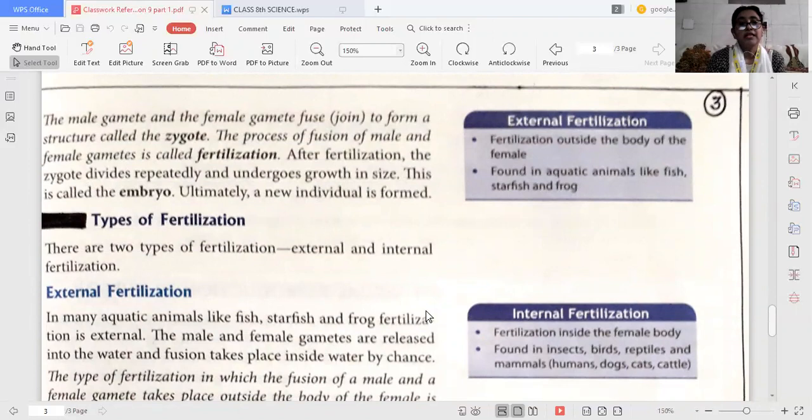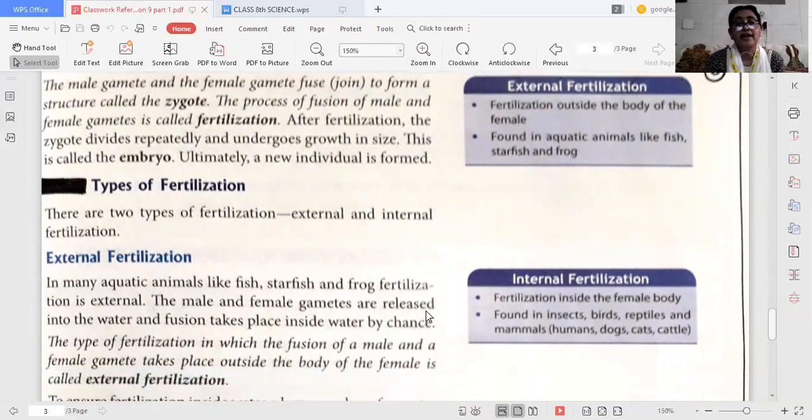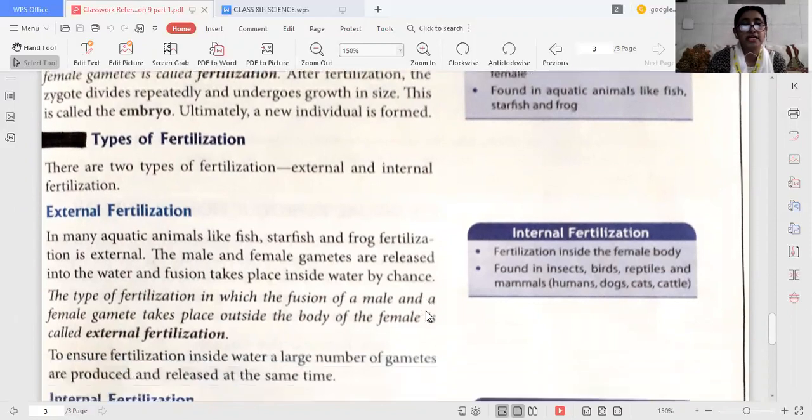Now we will learn how many types of fertilization there are. There are two types: external fertilization and internal fertilization. As the names indicate, external fertilization is the type in which the fusion of a male and female gamete takes place outside the body of the female.